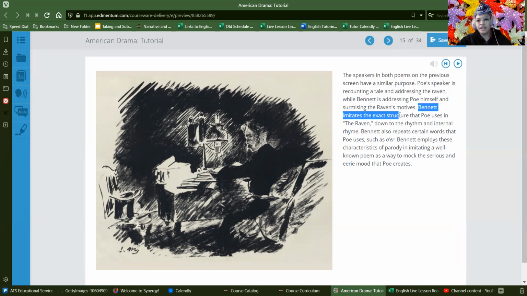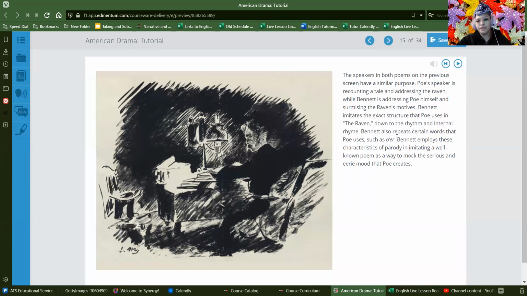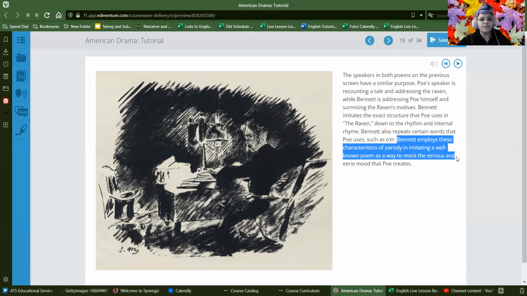Bennett imitates the exact structure that Poe uses in The Raven, down to the rhythm and internal rhyme. Bennett also repeats certain words that Poe uses, such as o'er, which is like a run-together version of over. Bennett employs these characteristics in a parody, imitating a well-known poem as a way to mock the serious and eerie mood that Poe creates.